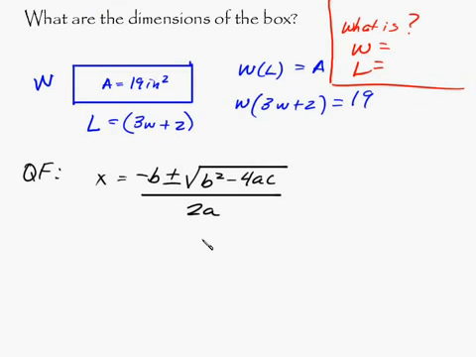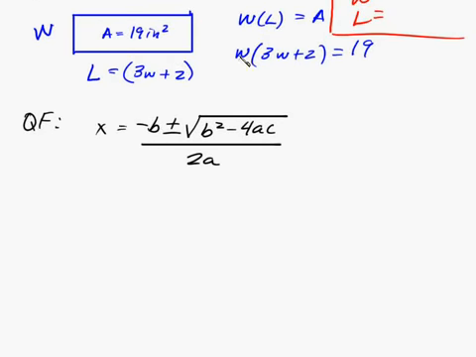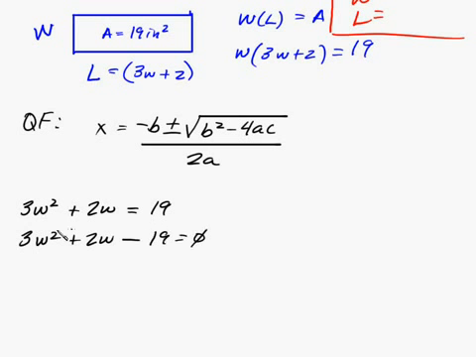So now what we're going to get is 3W squared, distribute the W to the 2, plus 2W is equal to 19. Now we have a quadratic equation. Set it to 0. So 3W squared plus 2W minus 19 is equal to 0.